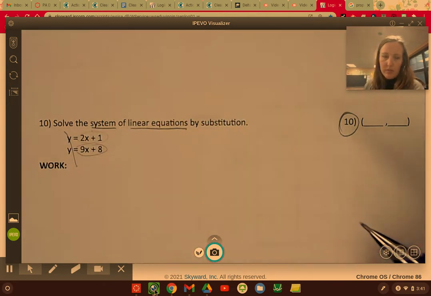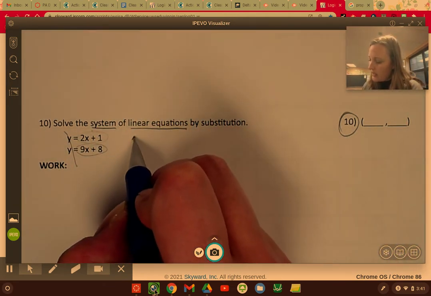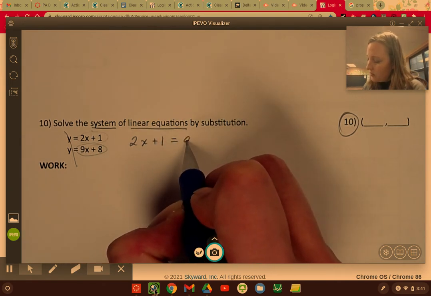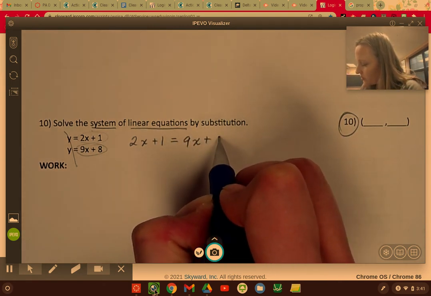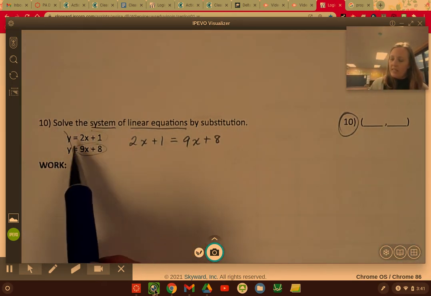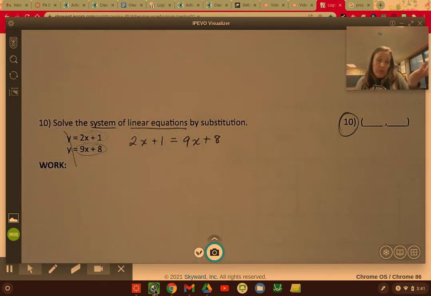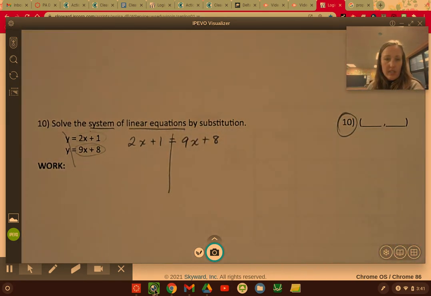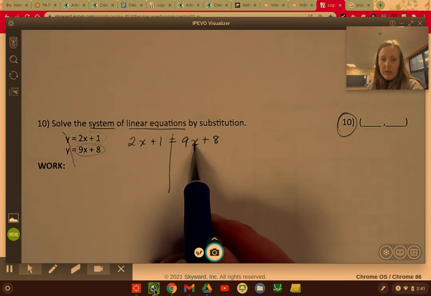This expression has to really be equal to this expression, because if y equals that and that, then they have to be equal to each other. So the cool thing is then I can just solve it like an equation, because I just have one variable. So I'm just going to solve.